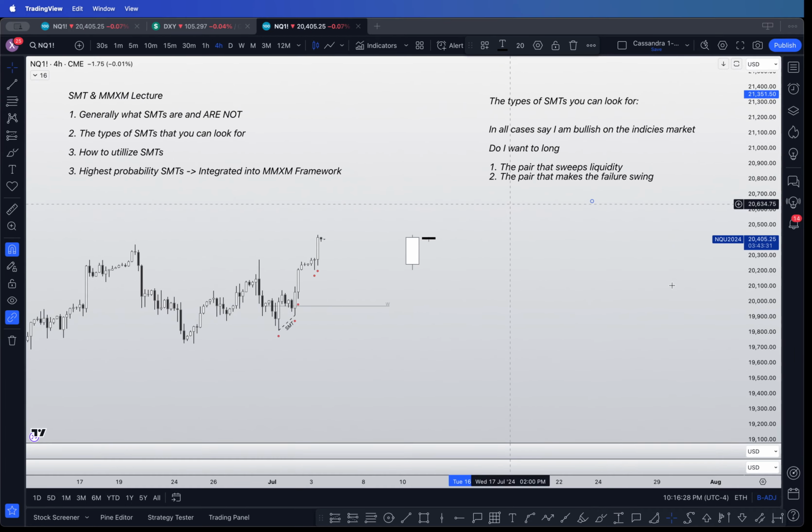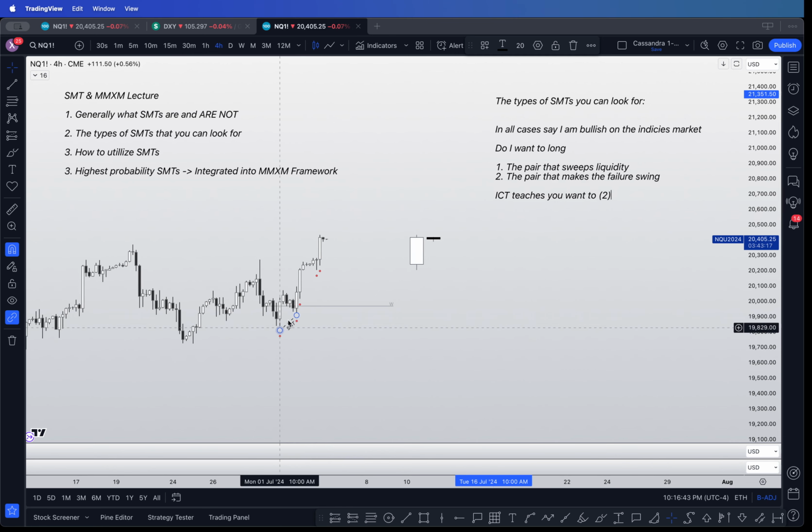So which one do you guys think ICT teaches? Failure swing, yeah. ICT teaches you want to do number 2. And this is because the failure swing shows that institutional order flow is refusing to make a lower low and take out accumulated positions on one of the indices.